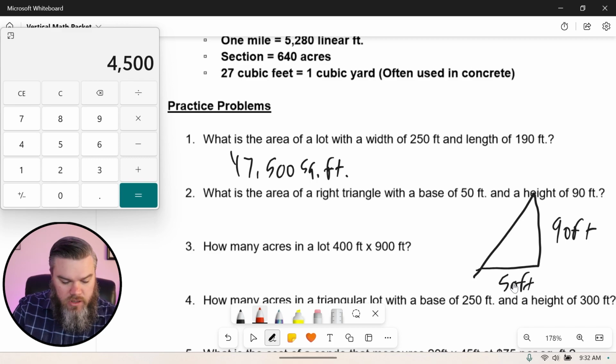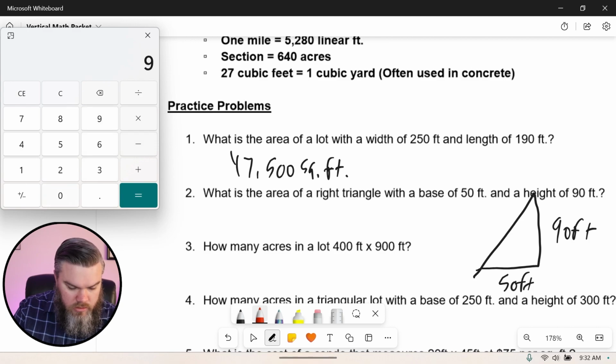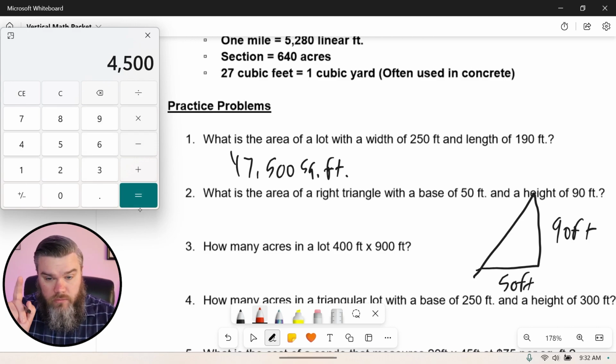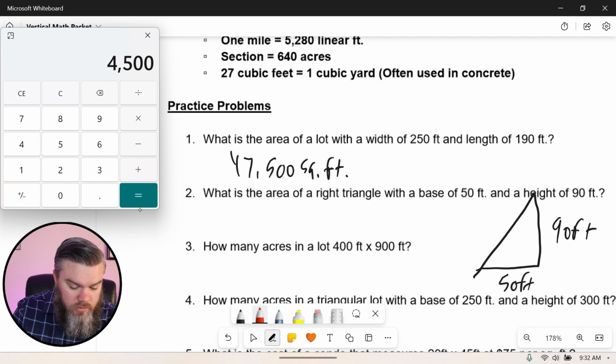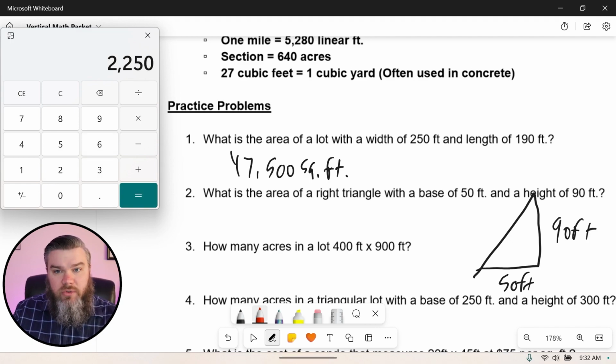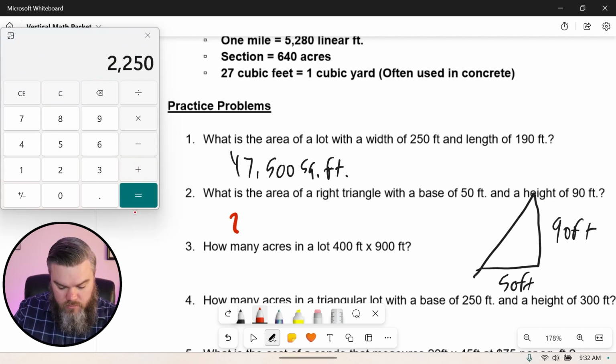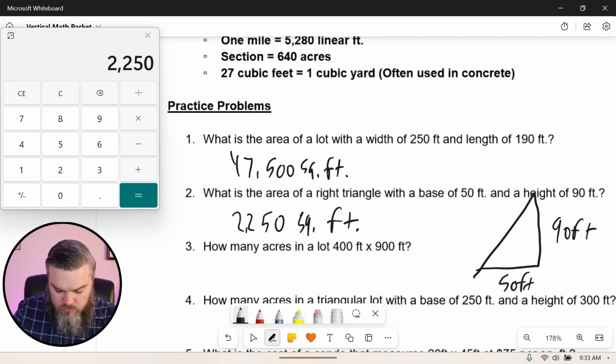So 50 times 90, our 4,500 divided by 2 would be 2,250 square feet. Ooh, let me get my black pen. That's it.